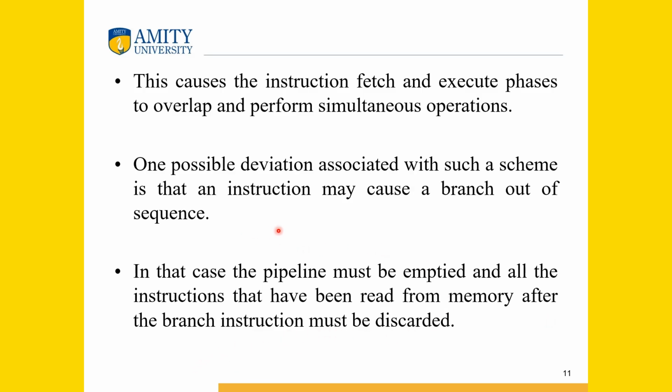So if we have instruction number 2, for example, that depends on instruction number 3, then while 2 is being executed we will understand during the execution that it is a branch instruction. Instruction number 3 would have already been read during that time. What we're going to do is discard instruction number 3 and execute instruction number 2, which is the branch instruction, completely. And then the system will carry on in the way it does.